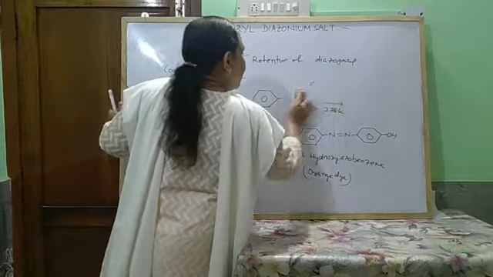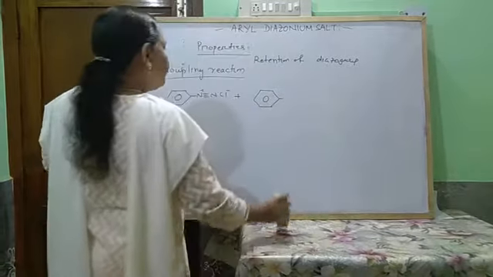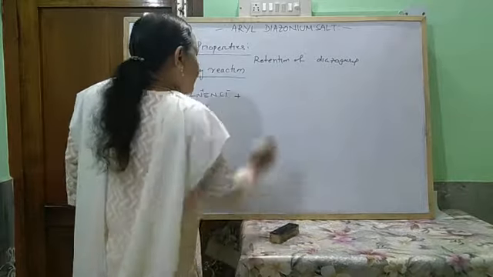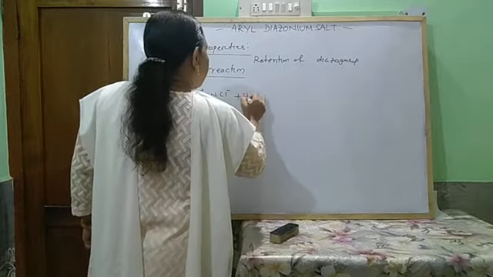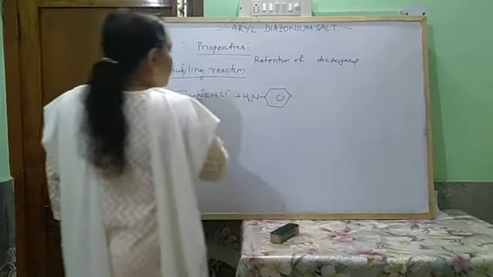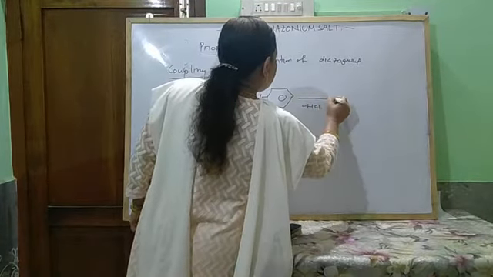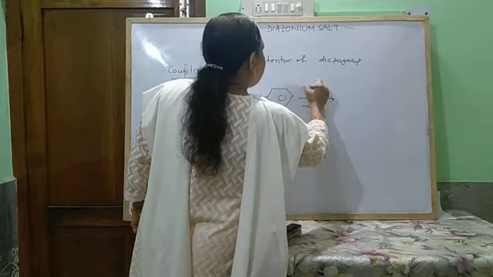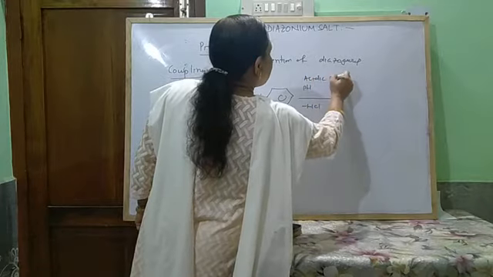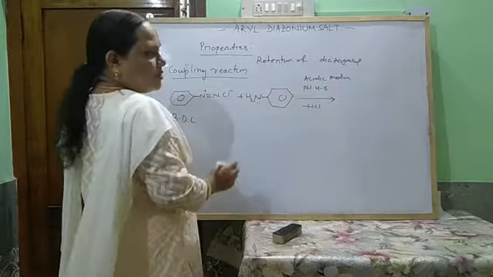Similarly, aniline reacts with benzene diazonium chloride in acid medium. This is aniline. So benzene diazonium chloride reacts with aniline in acid medium, minus HCl. So pH value is 4 to 5, slightly acidic medium.